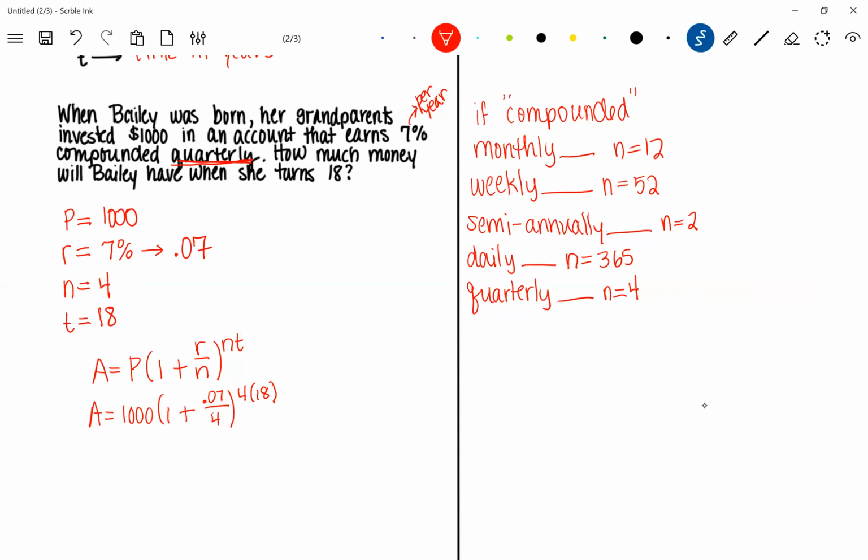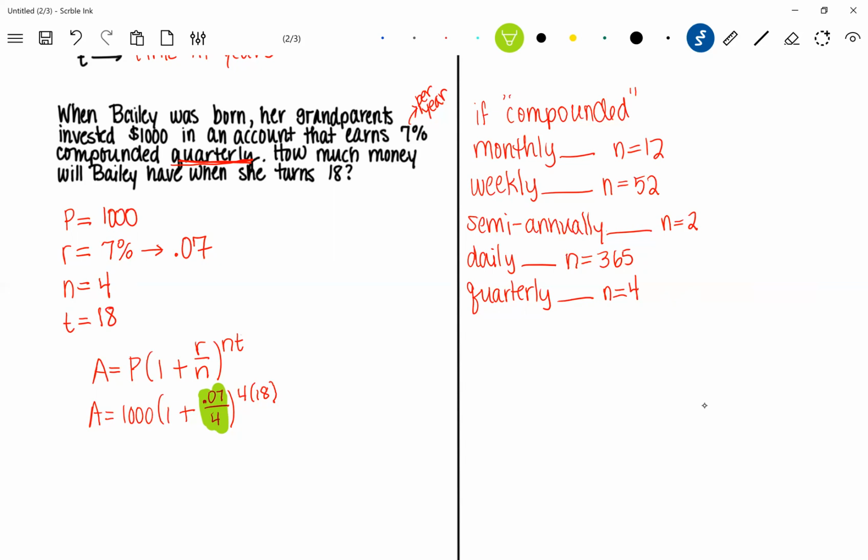So let me walk through each piece of information in that formula. They put in $1,000 when she was born. It's growth, so that's why it's this 1 plus. And the bank is not going to give her 7% every 4 months.